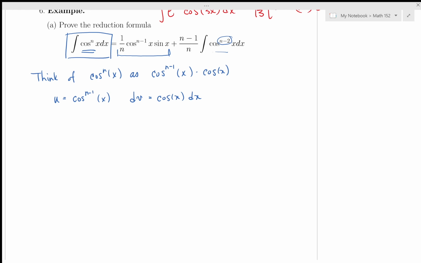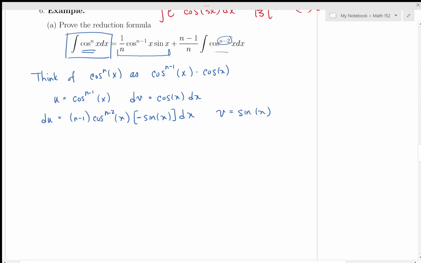Now I'm going to take the derivative: du is (n-1) cos^(n-2) x times the derivative of the inner function, which is minus sin x, and then dx. And then I integrate v, integrating the cosine, and I get the sine.